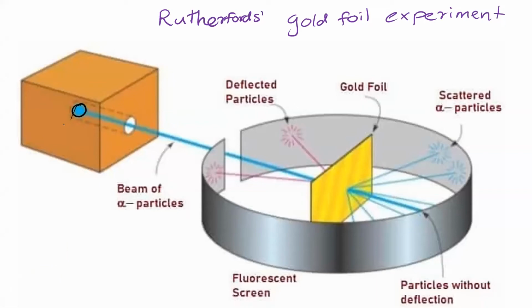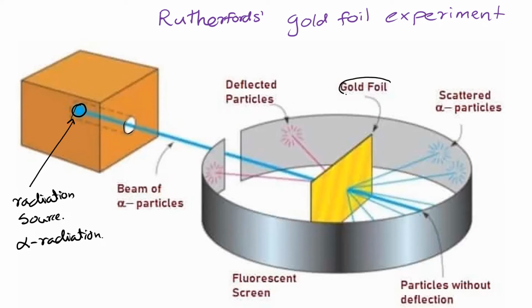Here he has his radiation source. And you can see there's a hole. So this radiation is shooting out. So his radiation this time is not a mixture of alpha, beta, gamma. What his radiation source issued is alpha radiation. Just alpha particles.